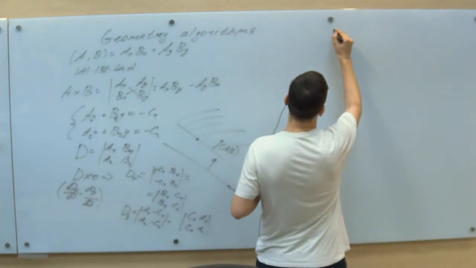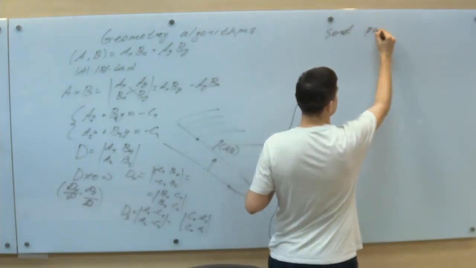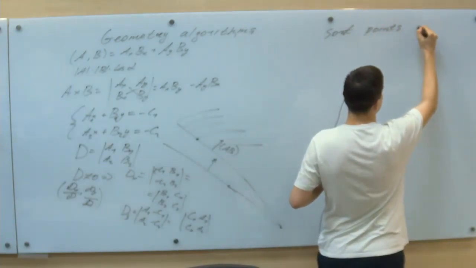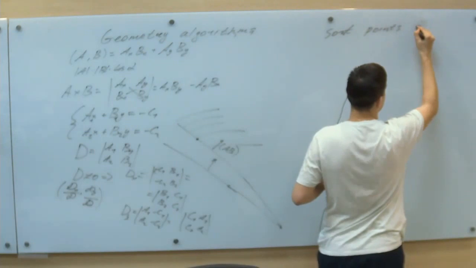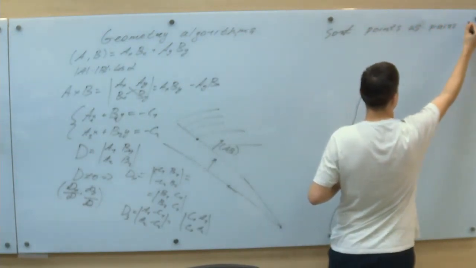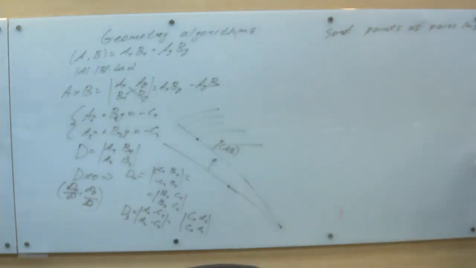So let's sort points just as pairs. So first I sort by x, then in case some points have an equal x, I'll sort by y.